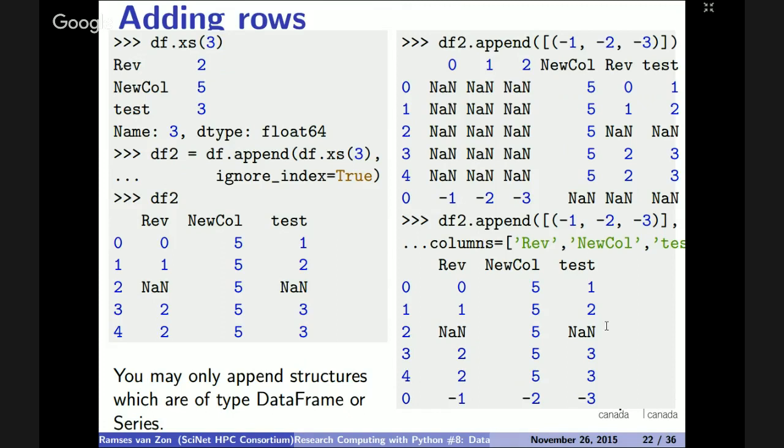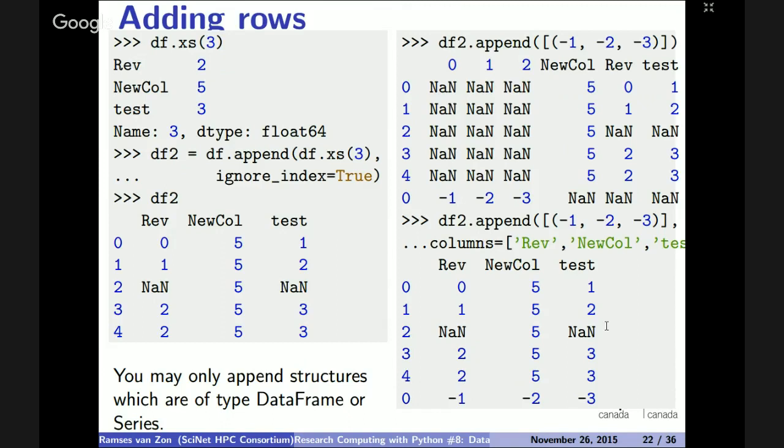So I do df.append, and then I have this extra option, ignore_index equals True. And we'll see why we need that in a second. It does what it does, right? So it adds another one of those, a copy at the end. Then it became the one that's indexed 4. Just added a row.